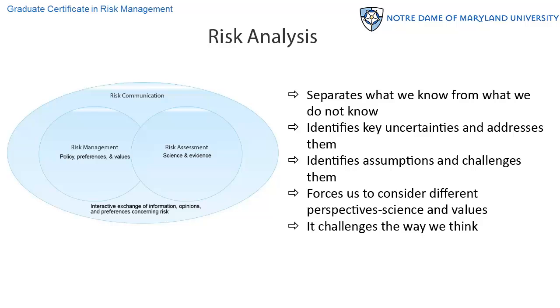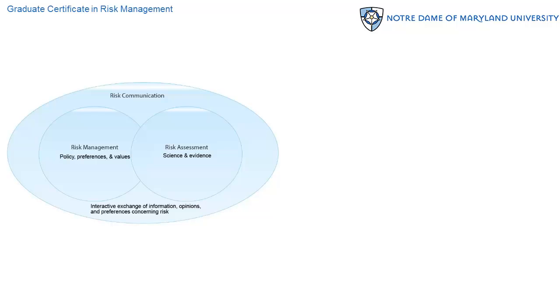Risk analysis is a decision support paradigm that is designed in part to try to correct for our fallible ways of thinking. Here are a couple of takeaway points. Risk analysis separates what we know from what we do not know. It identifies key uncertainties and it addresses them in the analysis.